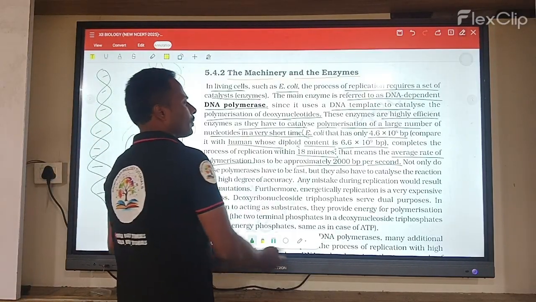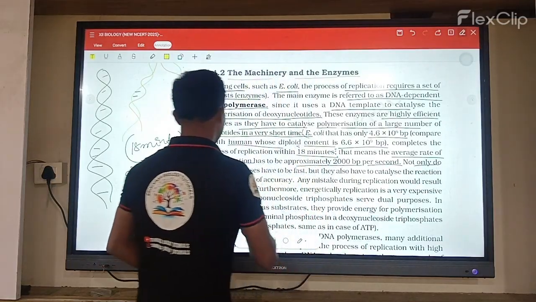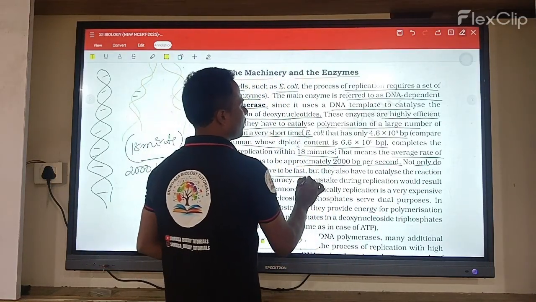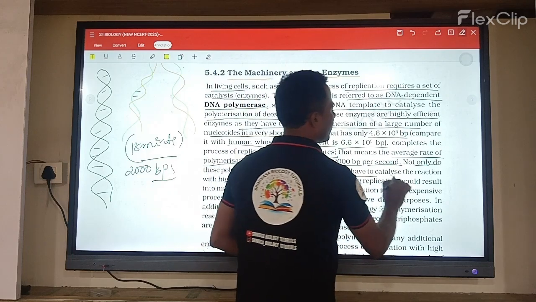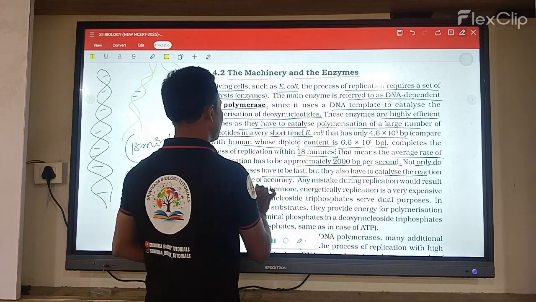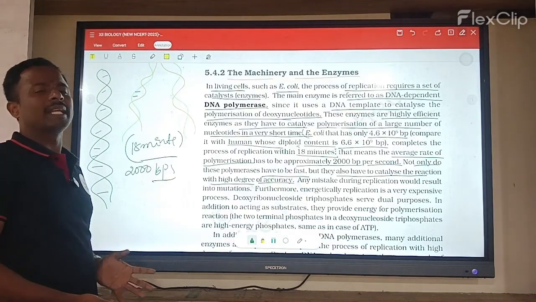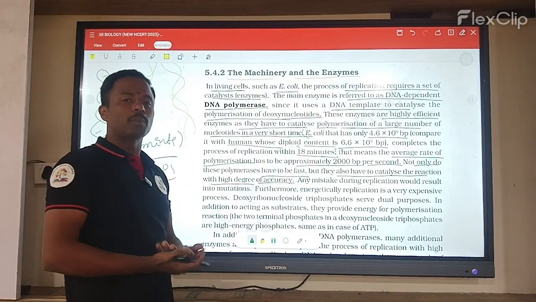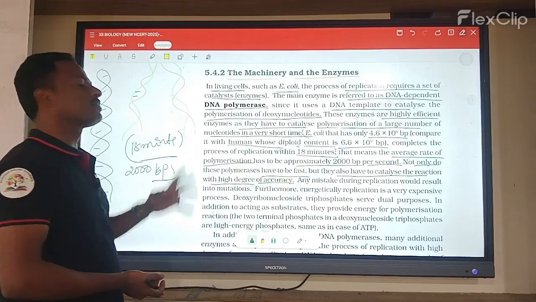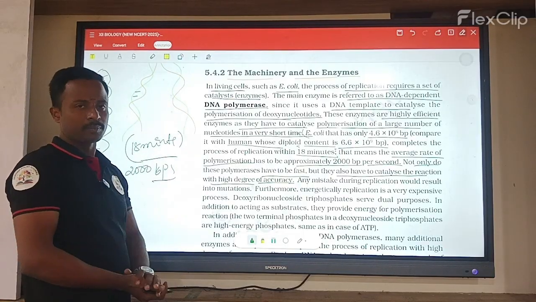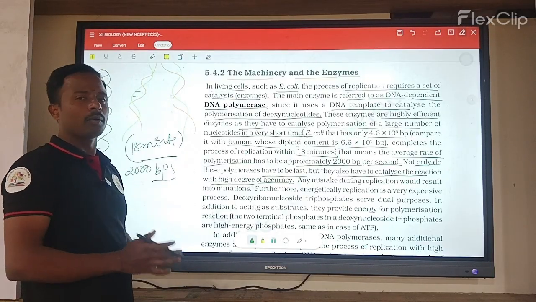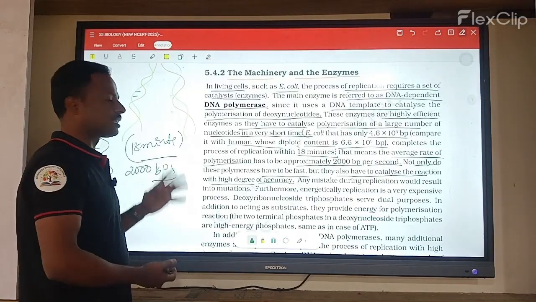Next, not only is this polymerase very fast, but it also catalyzes the reaction with a high degree of accuracy. In this total process, a number of enzymes participate, right? They participate with accuracy, meaning they work properly, and only then do we get the replication process.